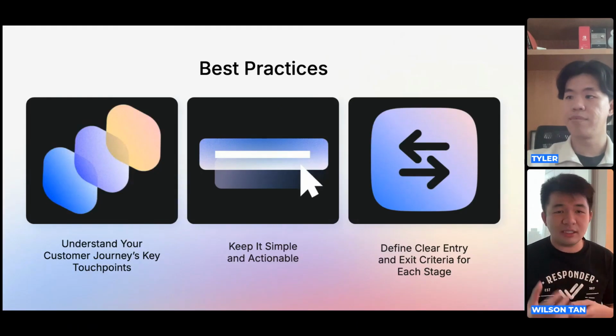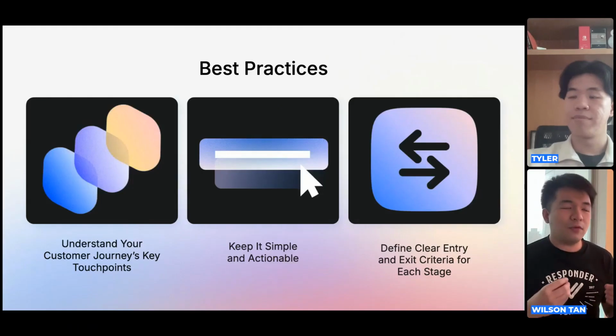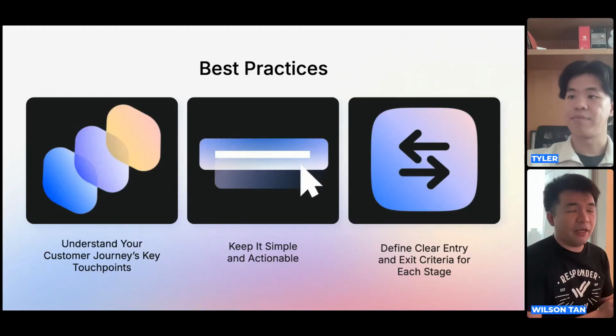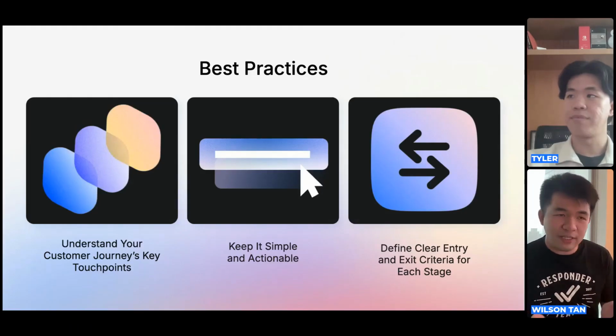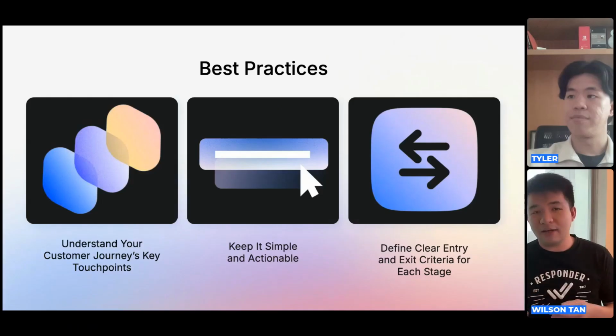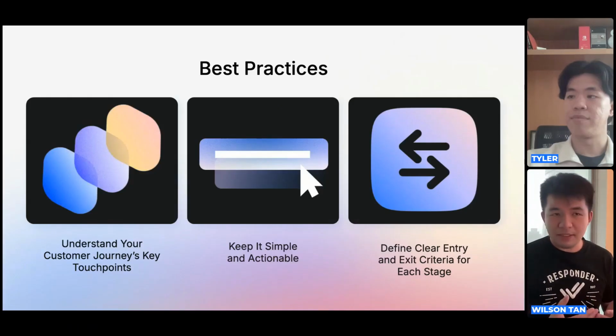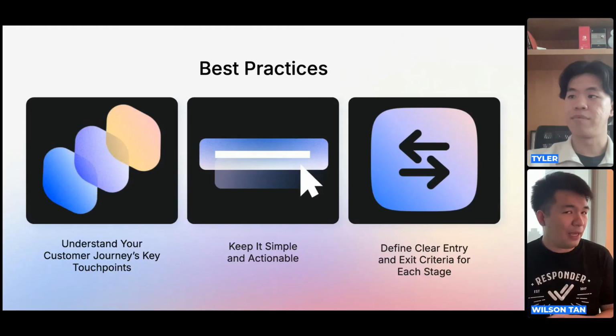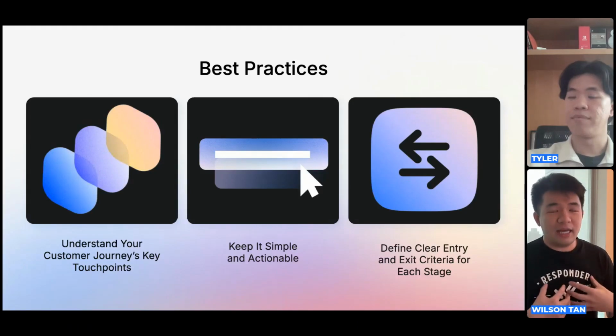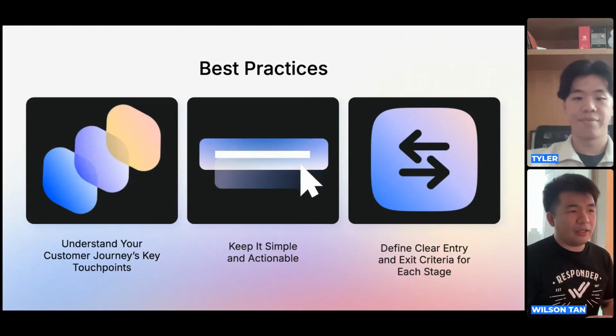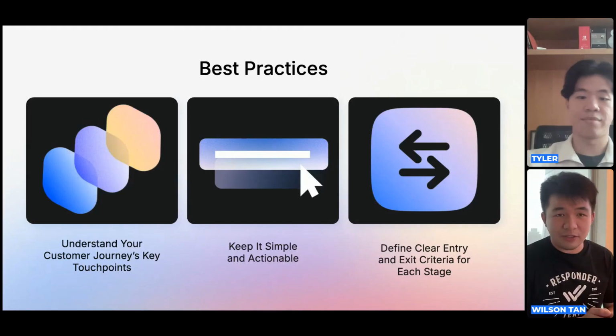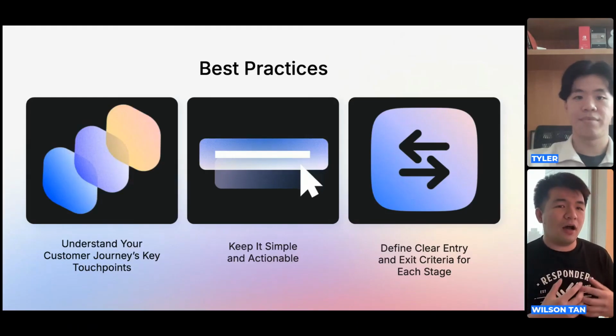Because you want to measure success and track performance, we have to ensure that all of these stages have very, very clear criteria of why contacts are entering and exiting the stage. For example, let's say we have a lifecycle stage called Payment, where contacts are in the process of making payment or have not made payment. As an agent, I would look at contacts within this lifecycle stage and focus on helping them convert.